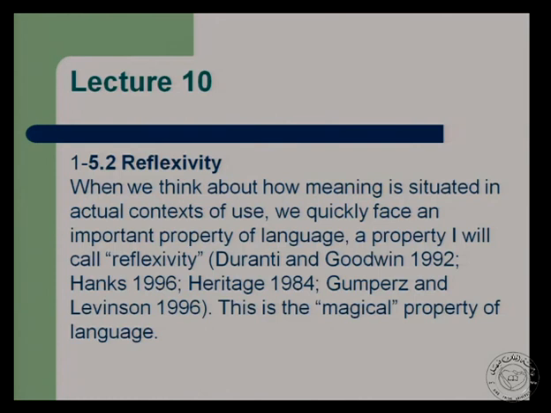When we think about how meaning is situated in actual context of use, we quickly face an important property of language, which is reflexivity: the situation can reflect the language that is going to be used, and the situation will require some words to be used but not others.